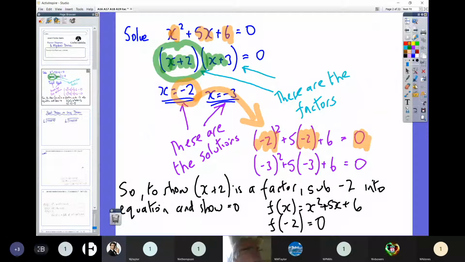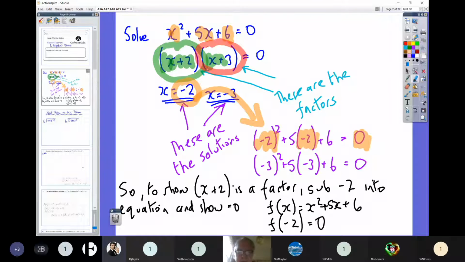All right, so let me just say that again. If we have a question and we need to see whether x plus 2 is a factor, we take -2, sub it back into the original equation, and if we get 0, then yes, indeed, it is a factor. Same with deciding whether x plus 3 is a factor. We know it is, but how could we demonstrate using the factor theorem that x plus 3 is a factor?